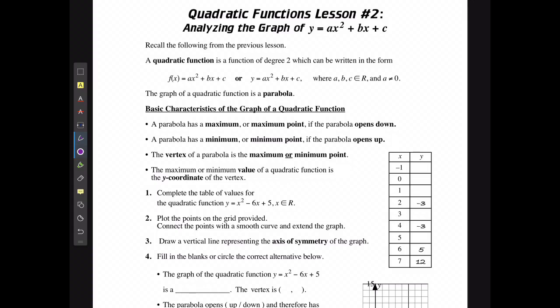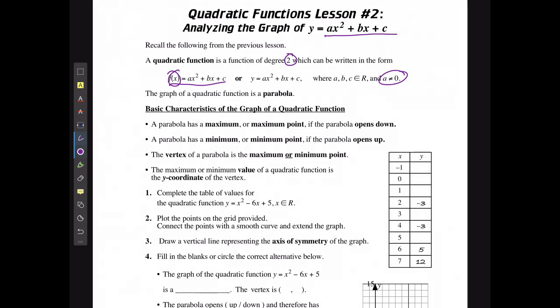Let's take a look at our quadratic functions in the form of y is equal to ax squared plus bx plus c. So if we're pulling from the last lesson, a quadratic function is a function with a degree of 2, which can be written in the form of f of x is equal to ax squared plus bx plus c using our function notation, or an equation as y is equal to ax squared plus bx plus c, where a, b, and c have to be real numbers and a cannot equal 0.